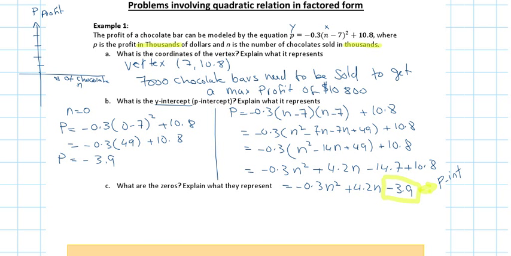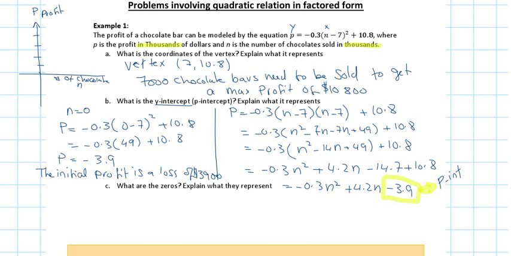Okay? What does it represent? It represents the initial profit. Right? So the initial profit is a loss of $3,900, right? It's a loss because it's a negative, which makes sense.